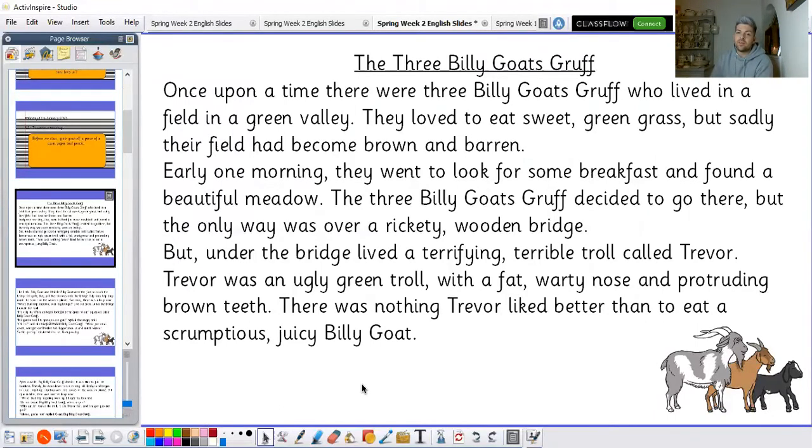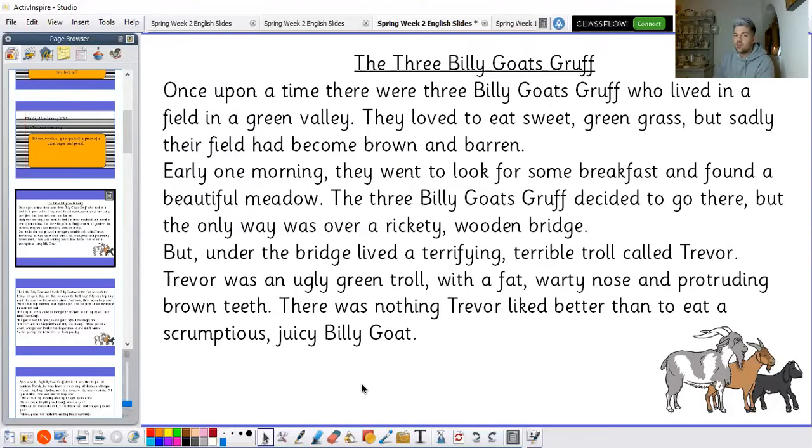Once upon a time, there were 3 Billy Goats Gruff who lived in a field in a green valley. They loved to eat sweet green grass, but sadly their field had become brown and barren. Early one morning, they went to look for some breakfast and found a beautiful meadow. The 3 Billy Goats Gruff decided to go there, but the only way was over a rickety wooden bridge.